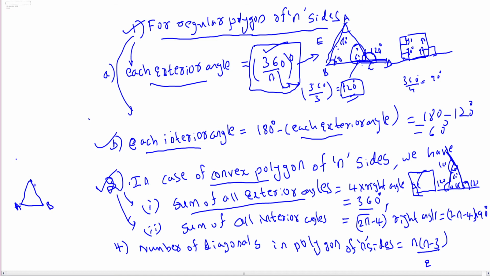For easy understanding, you know that in an equilateral triangle all the angles are 60 degrees. The exterior angles are 120, 120, 120. The sum of the exterior angles is what? 360 degrees. See here.